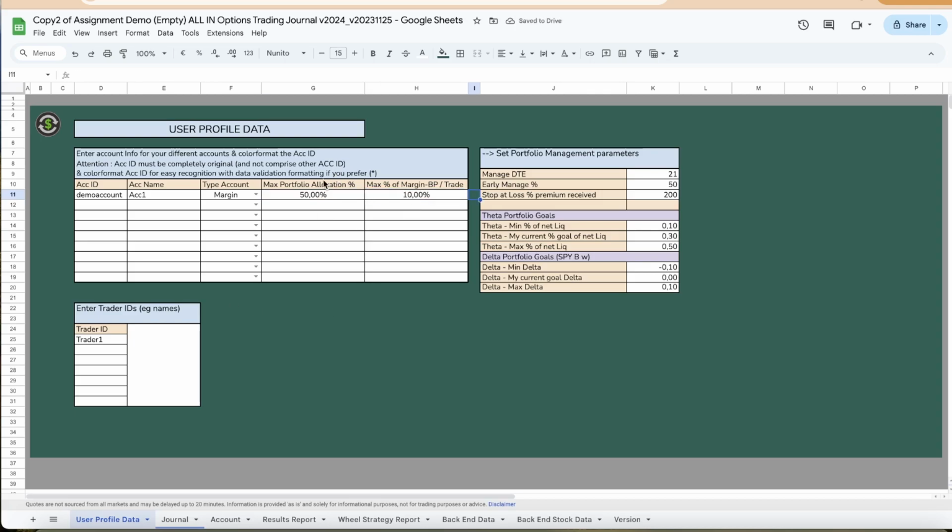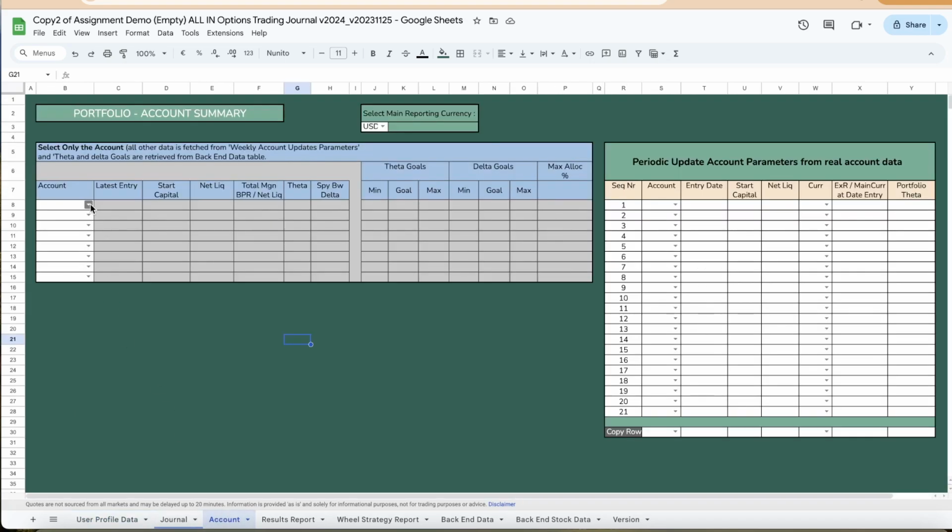With this data entered in the user profile, I can go to the account and select the demo account, and I can enter the enter date. Let's say the first time that I started using the account was the 1st of this year, 2024. Starting capital, let's say 25,000 dollars. Net liquidity, when I haven't made any trades yet, is still 25,000.